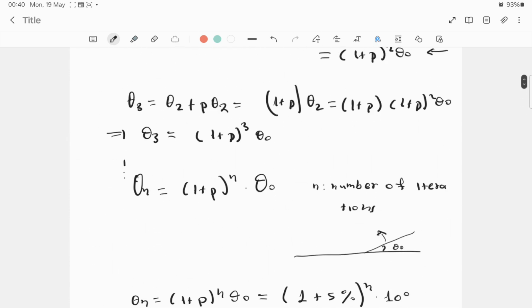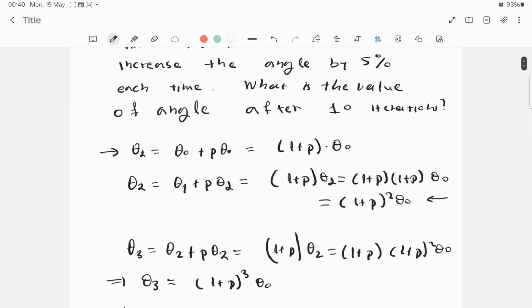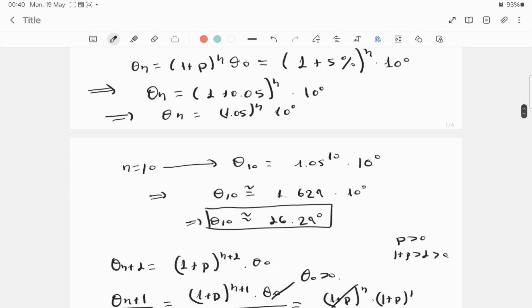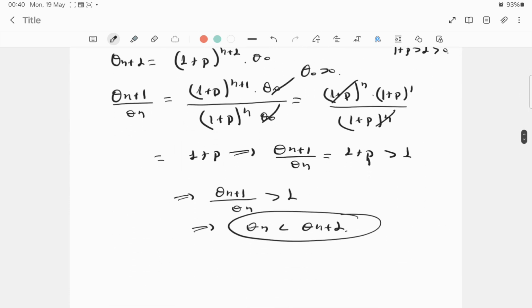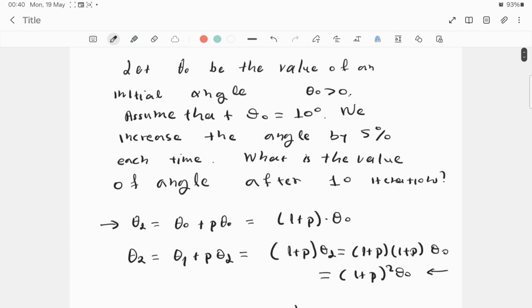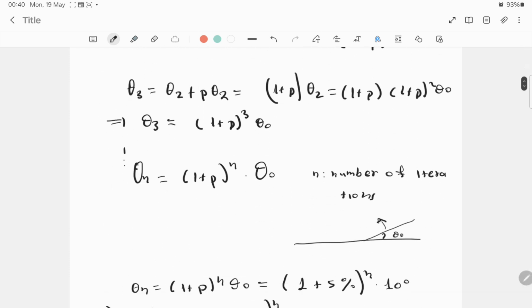Usually we use this formula for interest rates, but you can also use it when you have this kind of problem, where you have an initial amount you want to increase by some percent, and you want to find the final value after some number of years or iterations. Here I have derived the formula.